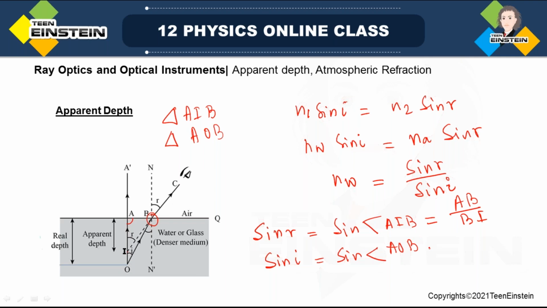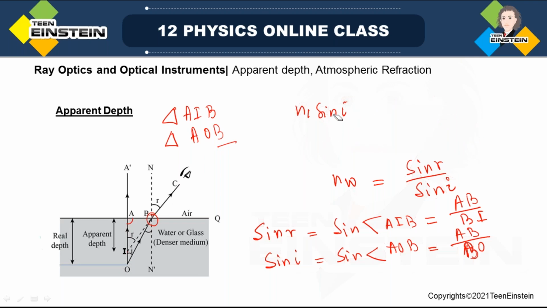Okay, BI, and this angle of incidence, sine of AOB can be written as AB over AO. I'm sorry, this will be BO, because I am going from triangle AOB. So look, in this case, I'll just put in this equation.